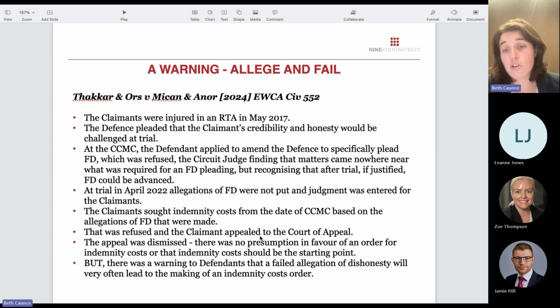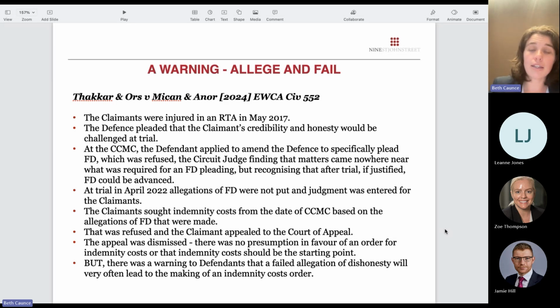The court found there's no presumption in favour of an order for indemnity costs, but issued a pretty stark warning to defendants that a failed allegation of dishonesty will very often lead to the making of an indemnity costs order.